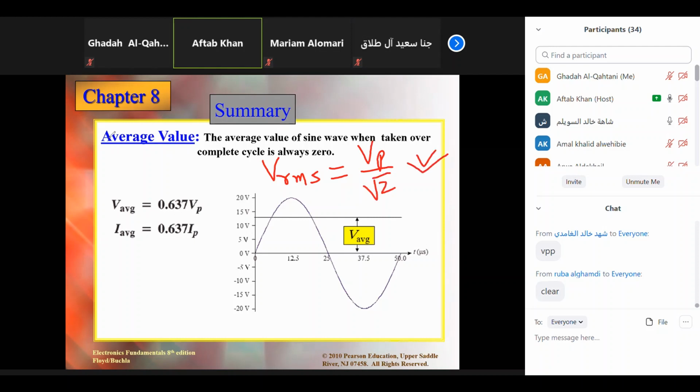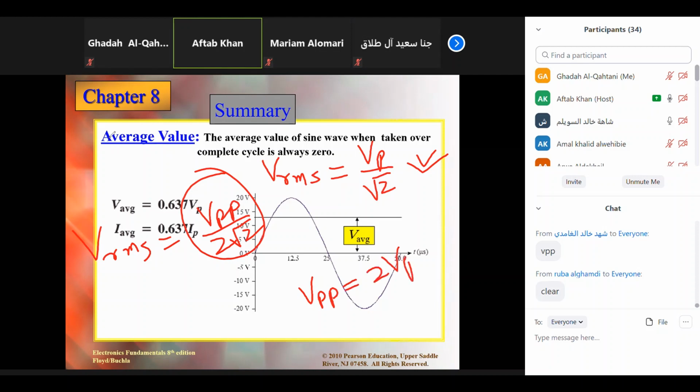You want to know how VRMS is equal to VPP over 2 root 2 comes. It is coming from the relation. What is the relation? VPP is equal to 2VP. Do you know this? So can you find the VP value? How much will VP be? It will be VPP over 2. Can you put this value in the equation?